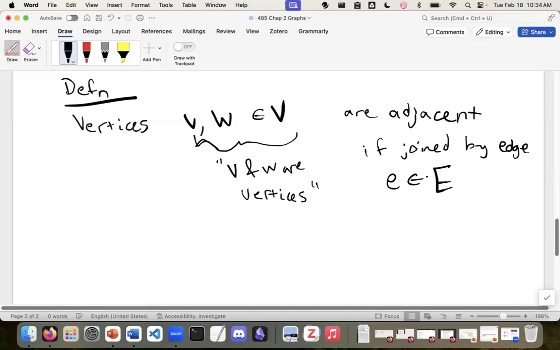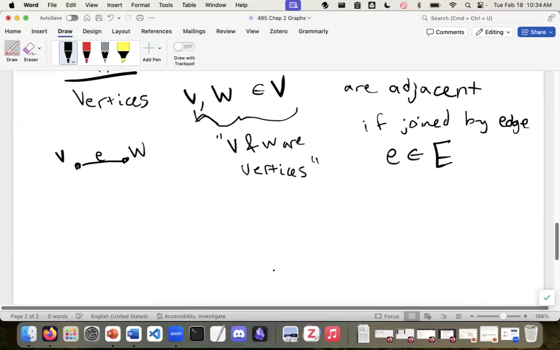And since E stands for edges, that clues us in that we're talking about an edge. Okay, so two vertices, we call them adjacent. So we can draw that as we've got V on one end and W on the other end, and a line e in the middle. V and W are adjacent.